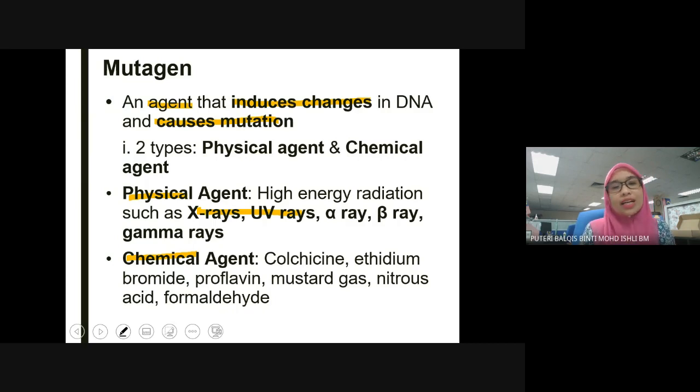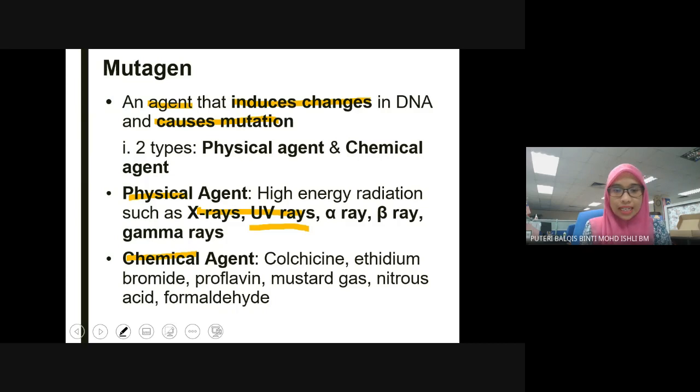So kalau pregnant memang tak boleh masuk lah. Sebab X-ray tu adalah mutagen yang akan menyebabkan berlaku mutation kepada fetus. Right? UV ray yang kalau kita keluar pun UV ray biasa, tapi dia tak bagi radiation yang sangat tinggi.